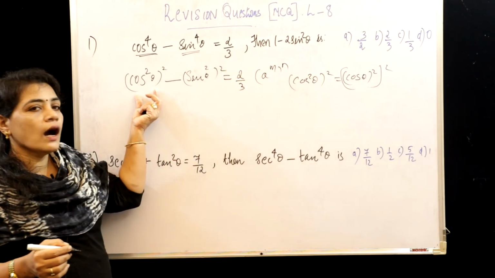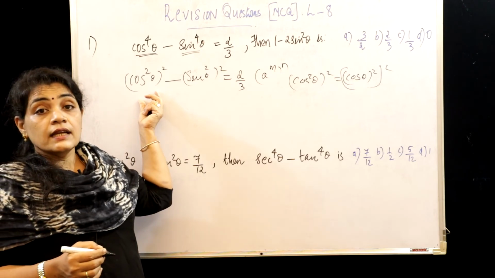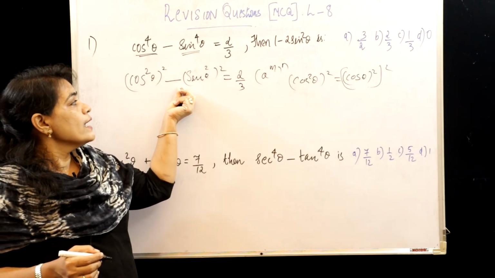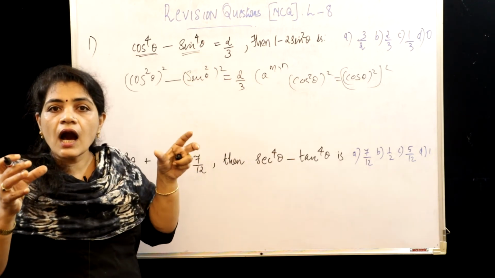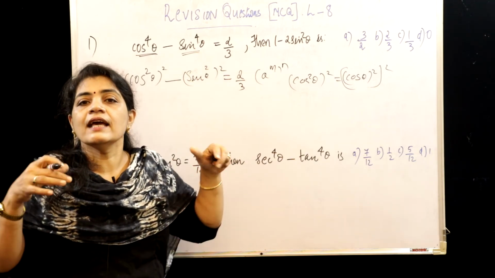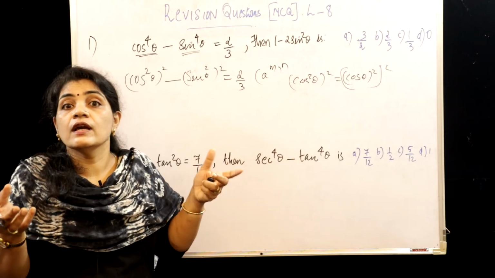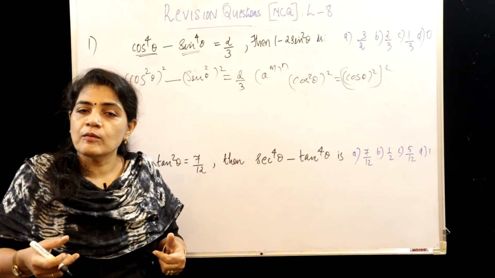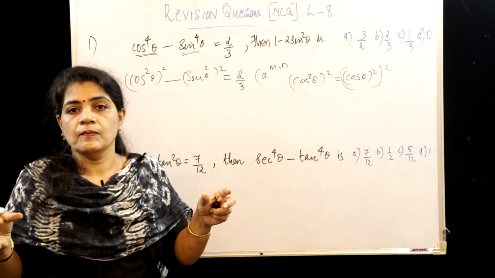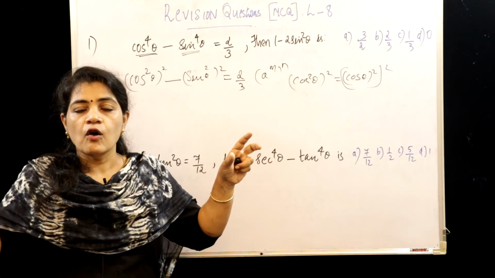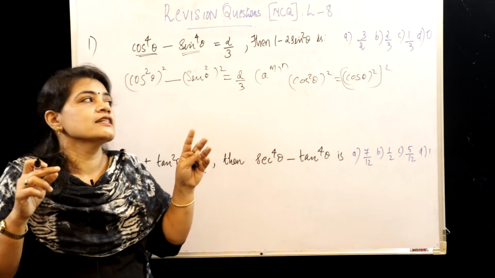So now we have cos square theta whole square minus sin square theta whole square. That means we have two terms with power 2, connected by minus, so we have the identity a square minus b square.